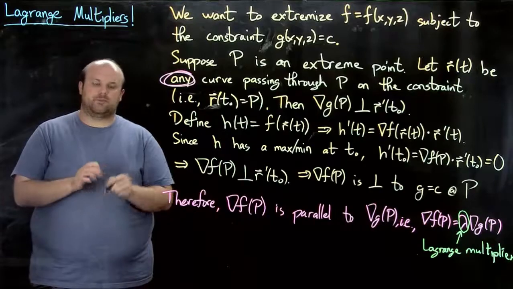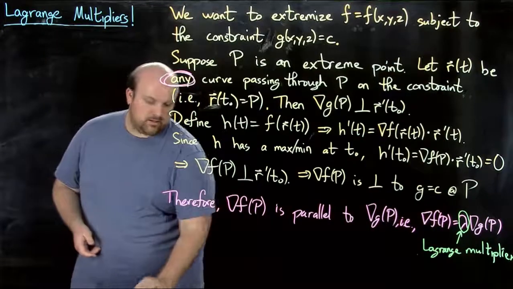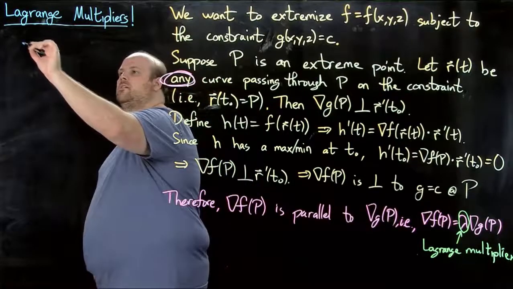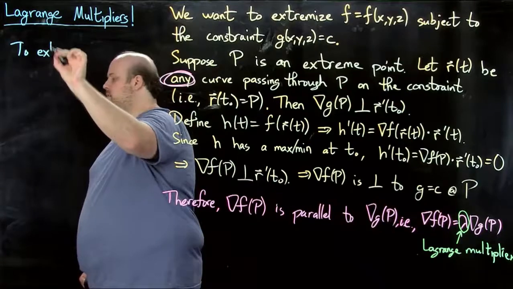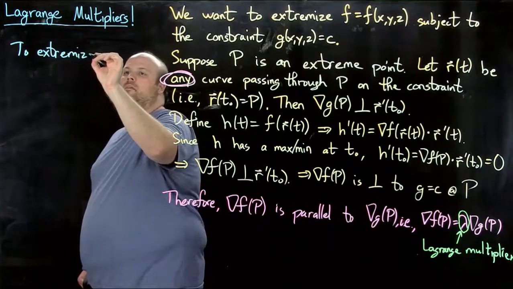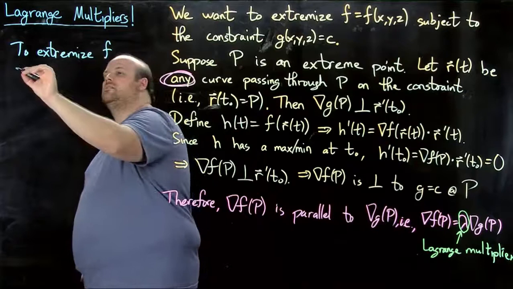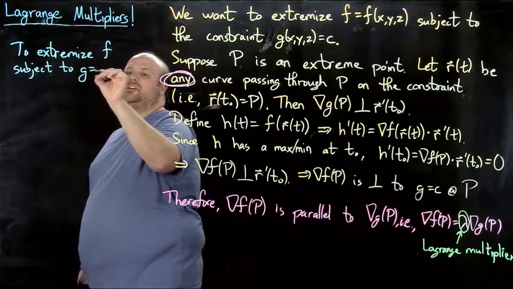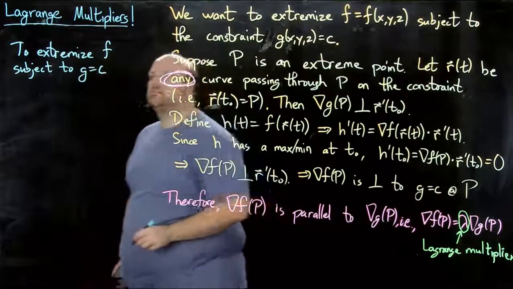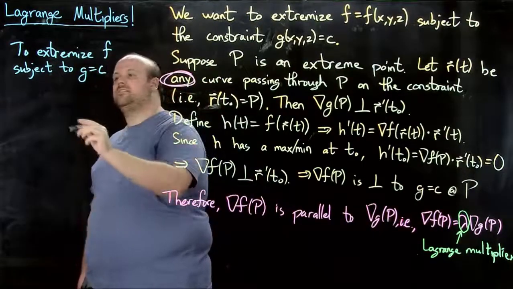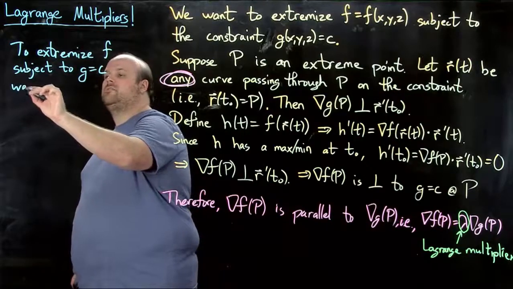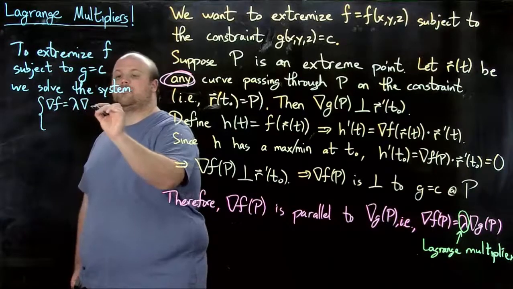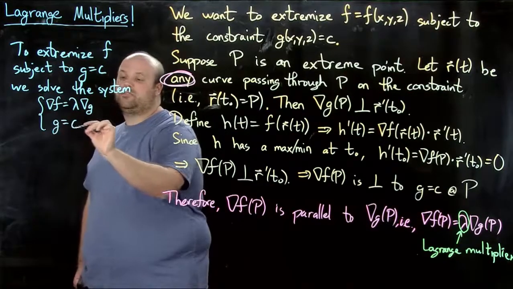Let's summarize what this process is. To extremize f subject to some constraint, g equals c, we solve the system given by the gradient of f equals lambda times the gradient of g, and g equals c.